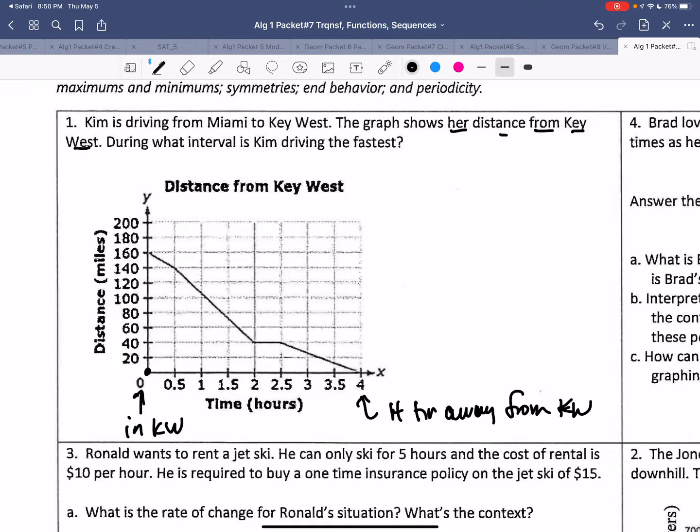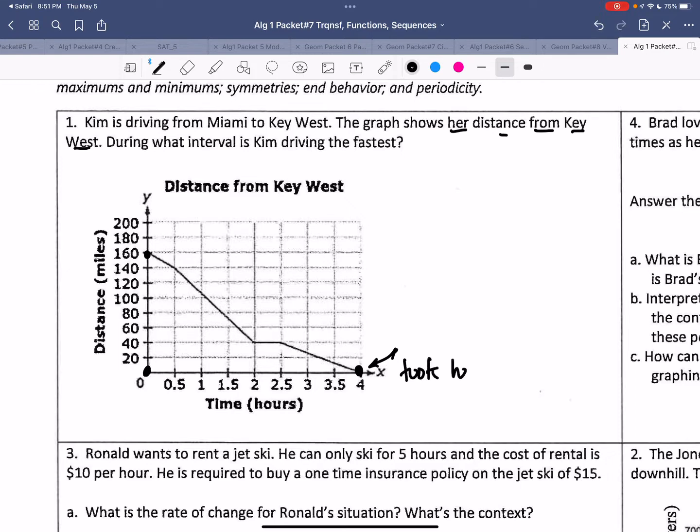This dot, she's in Key West, so the distance from Key West is 0. Here, she was 160 miles away from Key West. So it looks like it took her 4 hours to get to Key West.